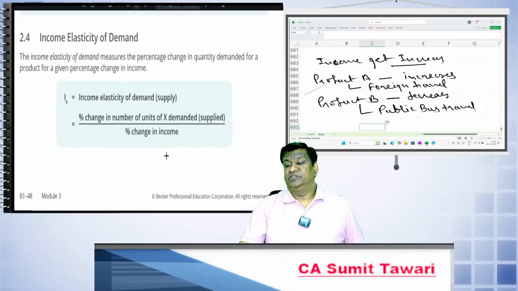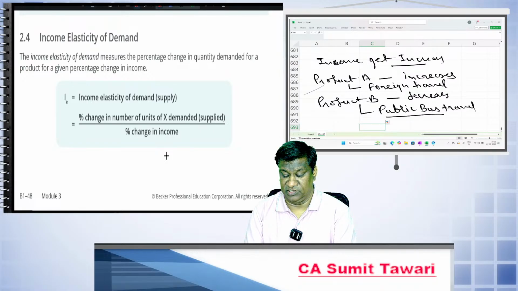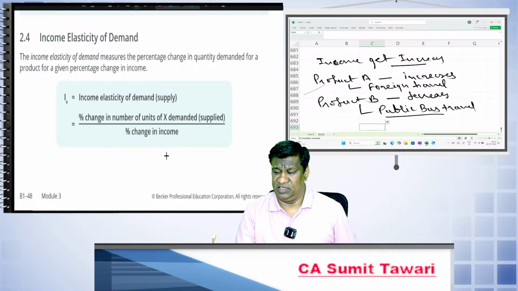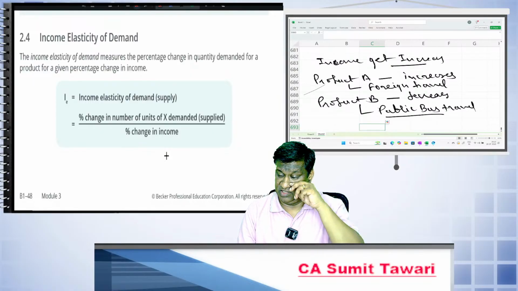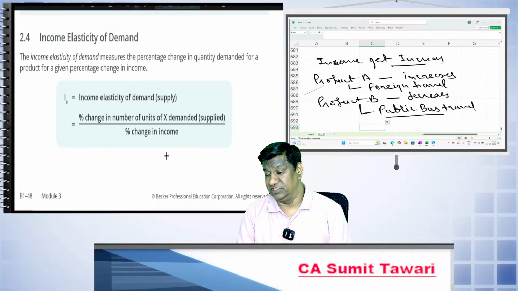What happens if your income increases is that you may afford a car and then avoid travelling through the public bus. So demand for public bus travel decreases. And if your income increases, you may consume more. Earlier, once a year you went abroad, now you start to go twice a year.